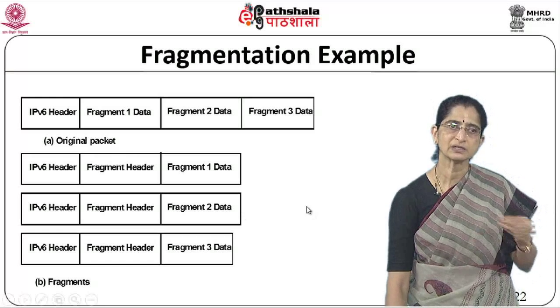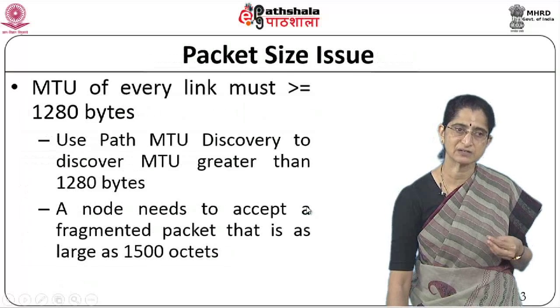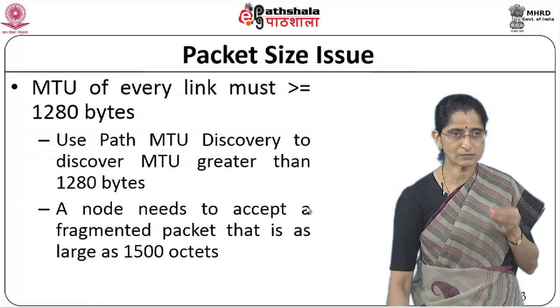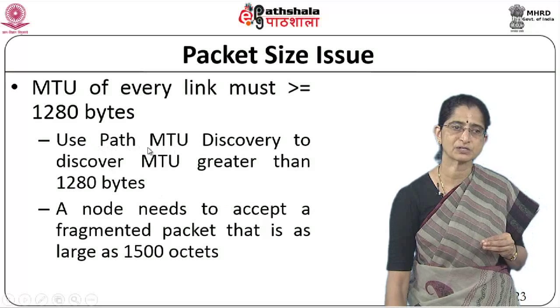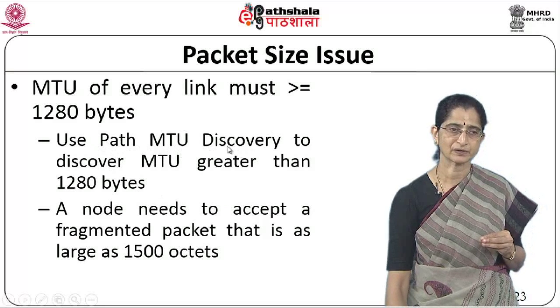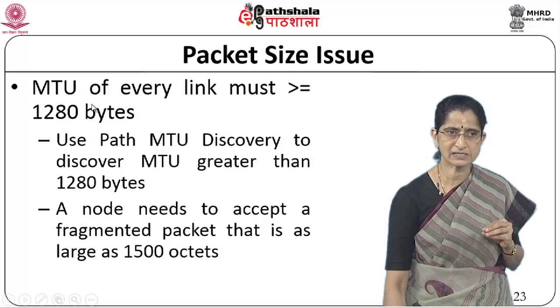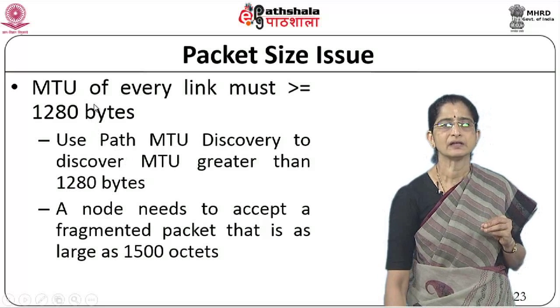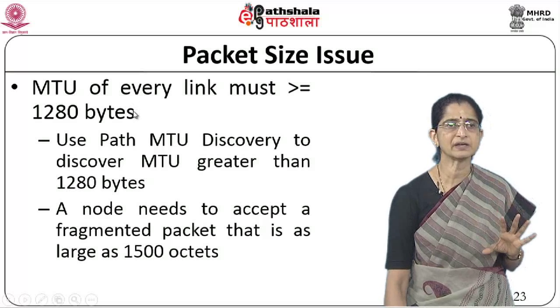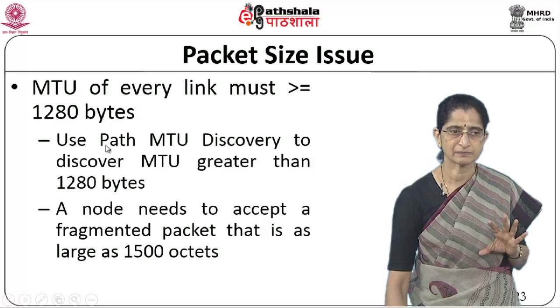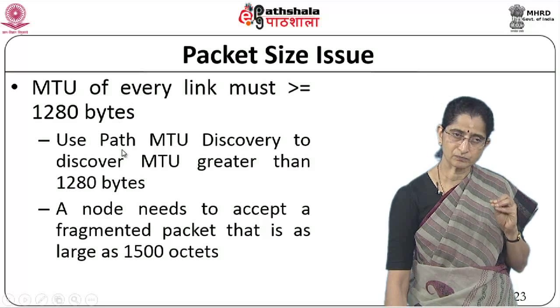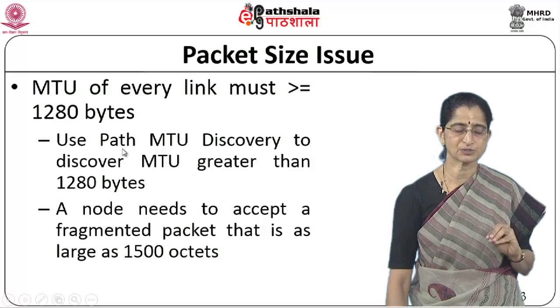So it has to discover what the maximum transmission unit is. Normally we talk about something called path MTU discovery, okay. What IPv6 suggests is that the MTU of every link must be greater than or equal to 1280 bytes, okay. Which means the minimum MTU is 1280.